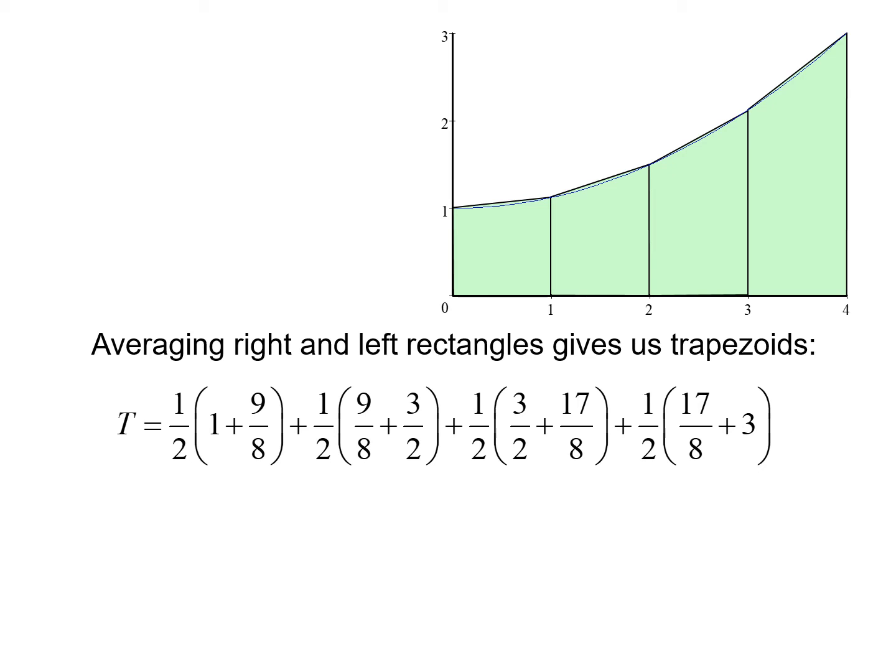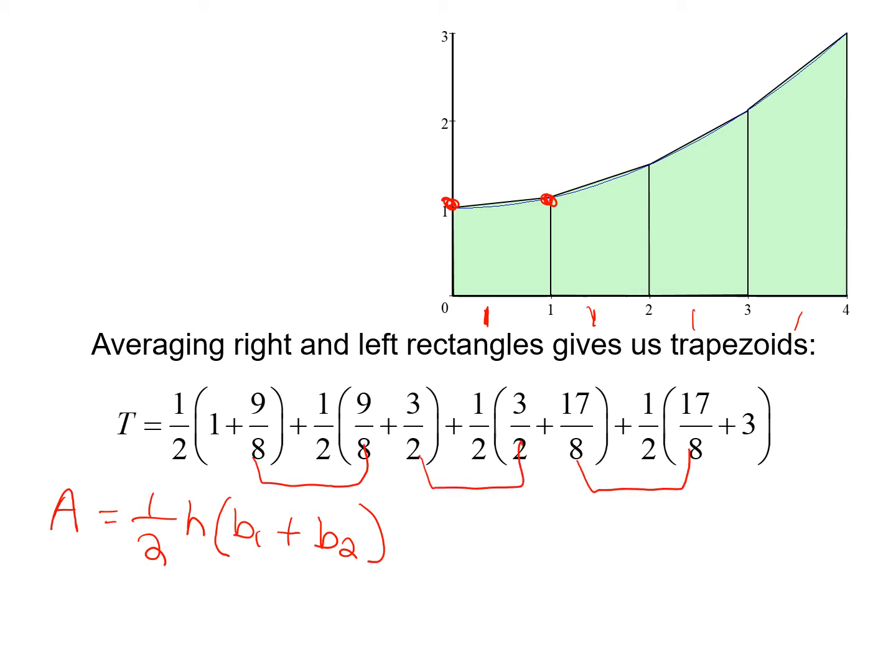So recall from earlier math class that the area of a trapezoid is 1/2 times the height times B1 plus B2. In this example, our height is 1. Our height is 1 for each of these, and B1 would be this value, and this is B2. Notice also how they share B2.